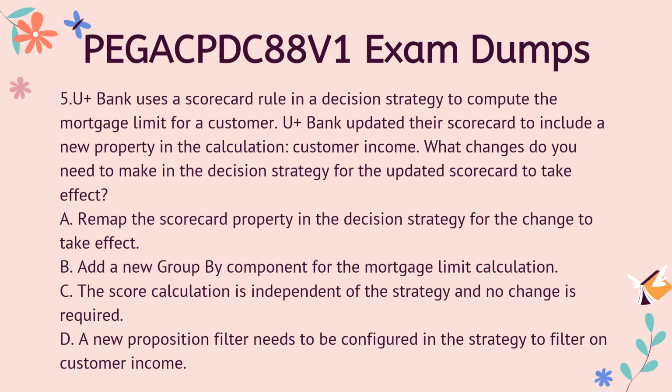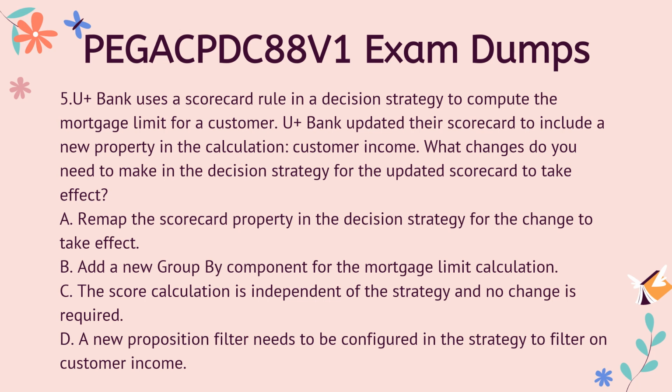5. U+ Bank uses a scorecard rule in a decision strategy to compute the mortgage limit for a customer. U+ Bank updated their scorecard to include a new property in the calculation, customer income. What changes do you need to make in the decision strategy for the updated scorecard to take effect? A. Remap the scorecard property in the decision strategy for the change to take effect.